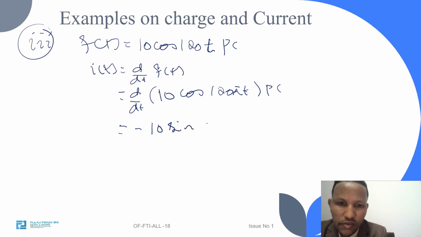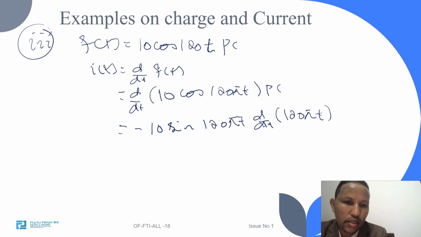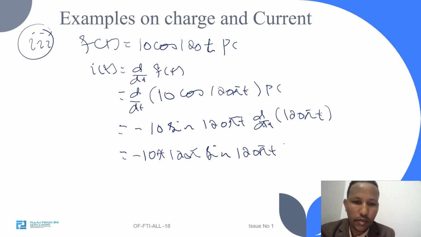So you'll have minus 10 times 120 pi sine of 120 pi t picoampere.